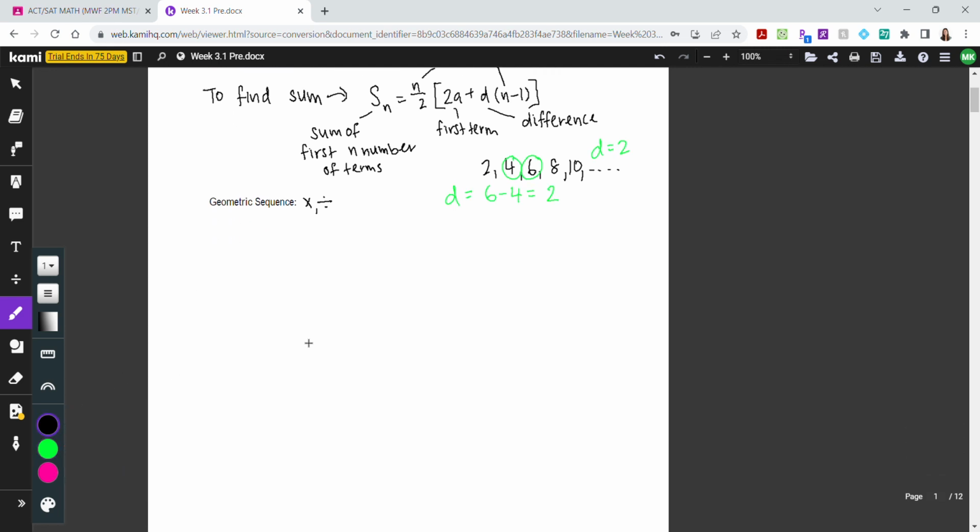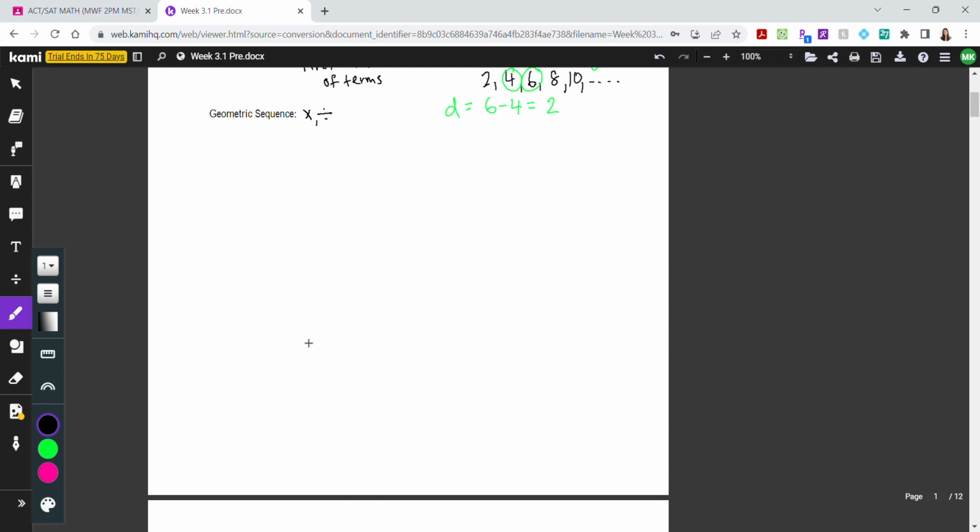And now with geometric sequences, like I said, the difference, or in this case we actually use the term ratio, is multiplying or dividing. All right, so now to find the end term of a geometric sequence, we would need to use this formula, which is a_n equals a times r to the power of (n minus 1).